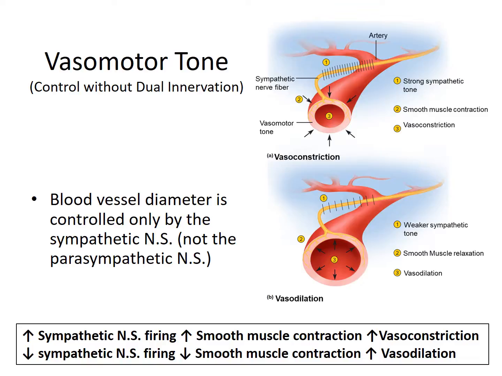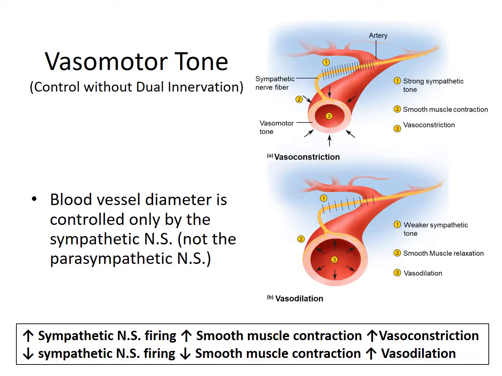We talked a lot about dual innervation and this autonomic tone, where systems are constantly in a balance of innervation activity between the sympathetic and the parasympathetic nervous system. Changing balances. One system that is not innervated by dual innervation of the autonomic nervous system are the blood vessels.